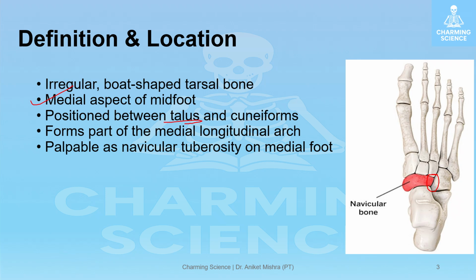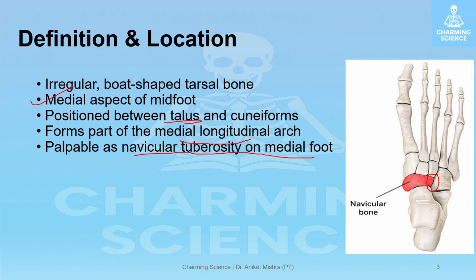The navicular sits just above the sustentaculum tali of the calcaneus, and it helps form the upper part of the medial longitudinal arch. One of its important landmarks is the navicular tuberosity, a bony prominence that can be found on the medial side of the foot, and it is easily palpable beneath the skin.